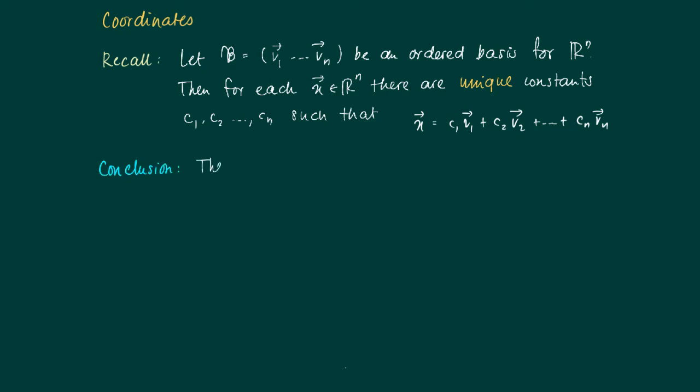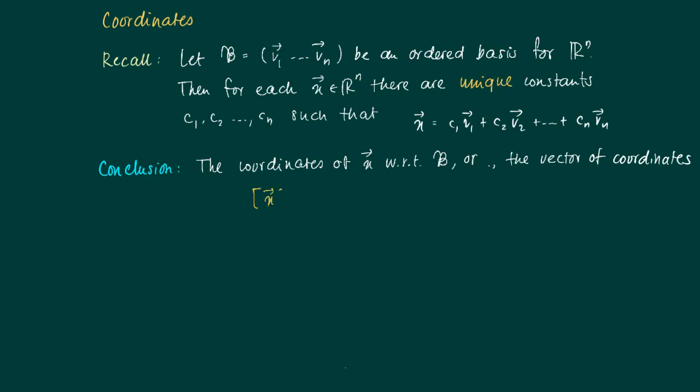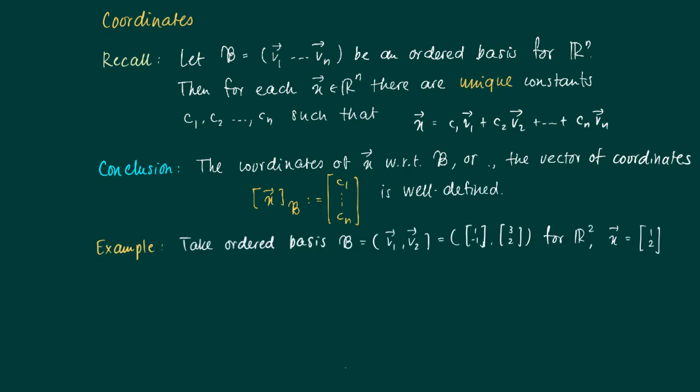So conclusion, if we use these constants with respect to the new basis as new coordinates of x, then actually the vector of coordinates of x with respect to the new basis, so we write xB, is well defined. So they are unique, c1 to cn.